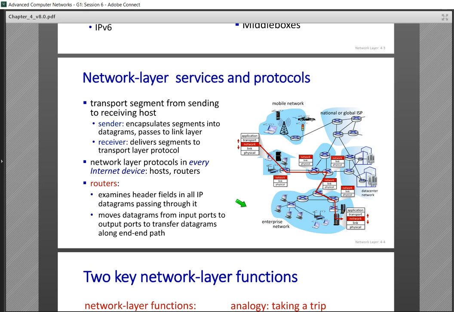We put our data or segments into the network layer, and those segments are wrapped into packets, and the network layer is responsible to send those packets from the source to destination, from the sender to the receiver.